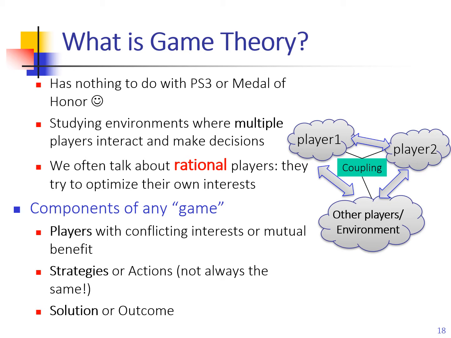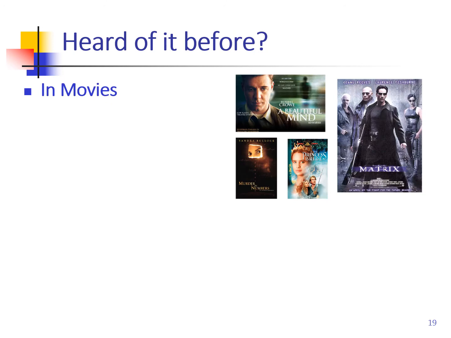The third component of any game is the outcome, because essentially here we are interested in what is the outcome of this interaction or this coupling between these agents. This will lead us to this notion of equilibrium, and we want to understand, of course, some properties about this equilibrium. Okay. So again, I'm sure you have heard about game theory. If you haven't, most of you have probably watched Beautiful Mind, but essentially it was already discussed in many movies.